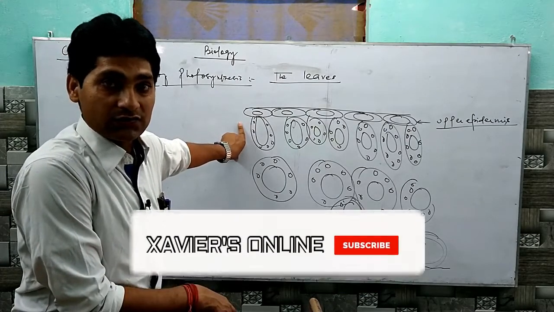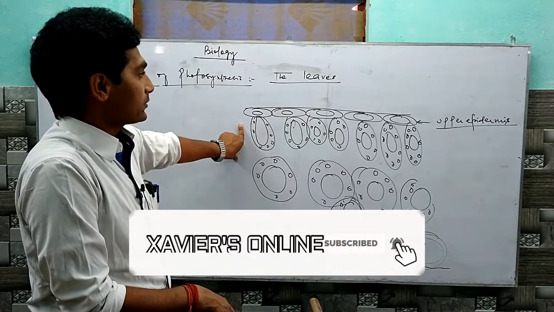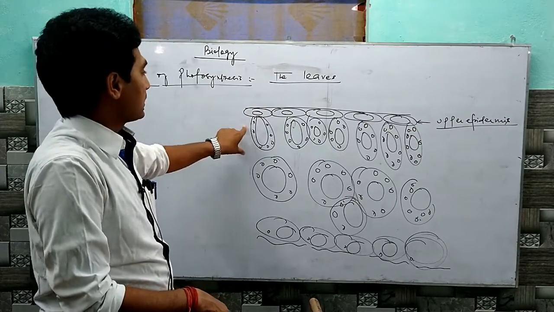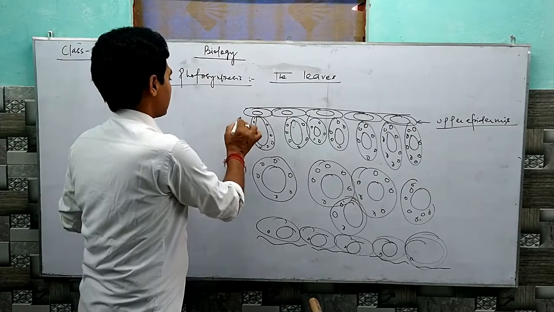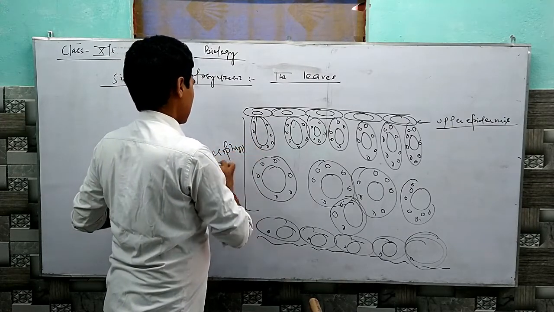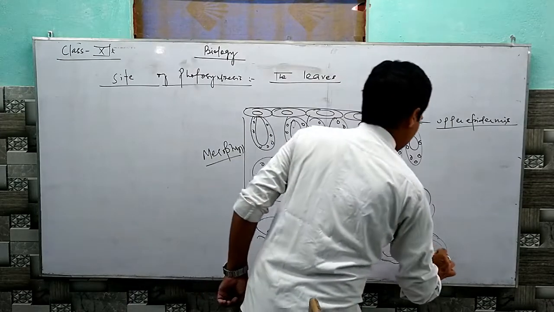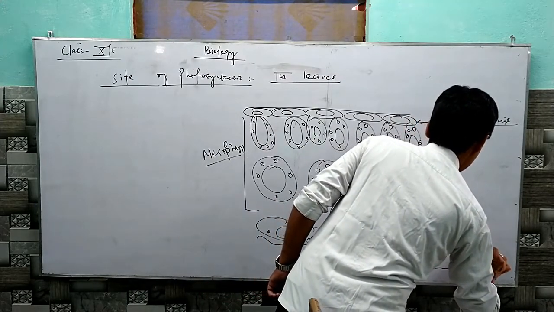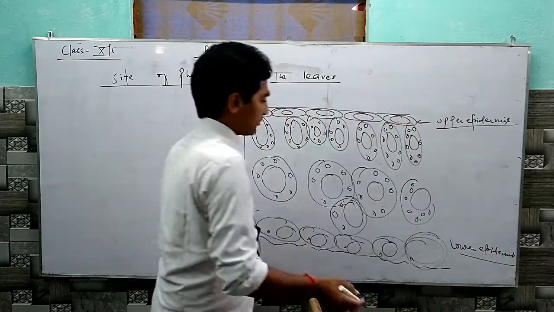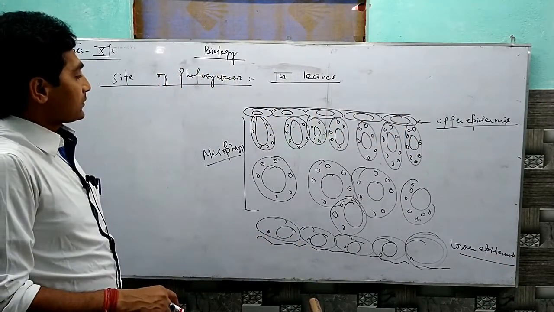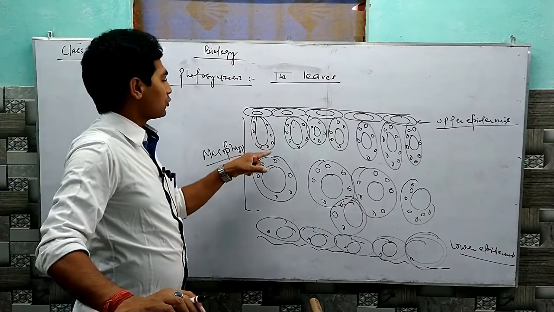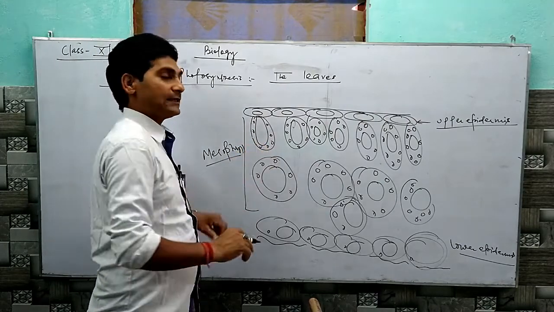If we go through the cross section of a leaf, then we can observe three different regions: the upper epidermis, the mesophyll layer, and the lower epidermis. This is the cross section of a leaf, and in the mesophyll, photosynthesis mainly takes place.